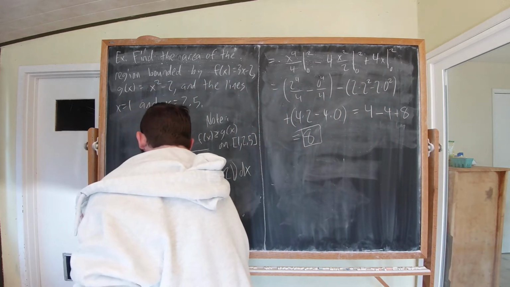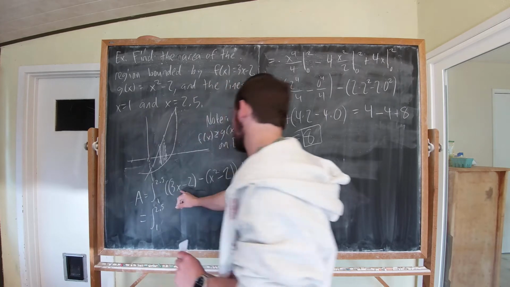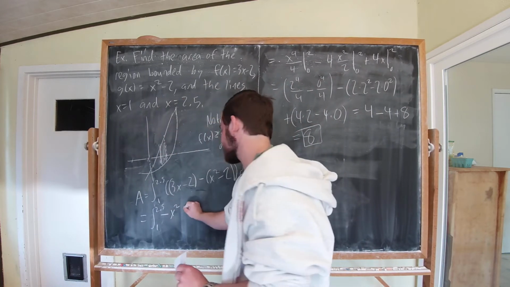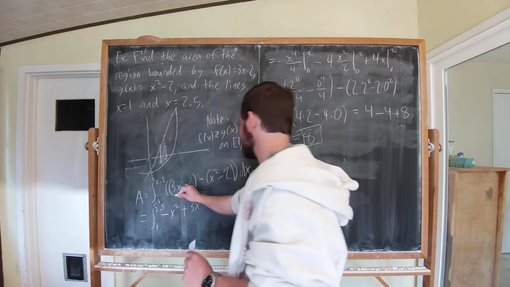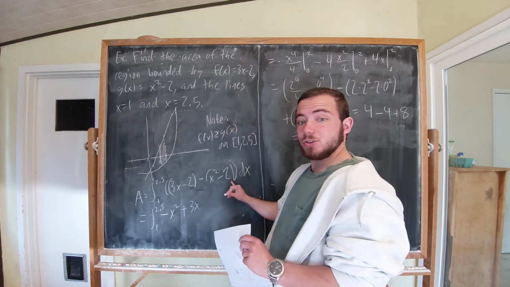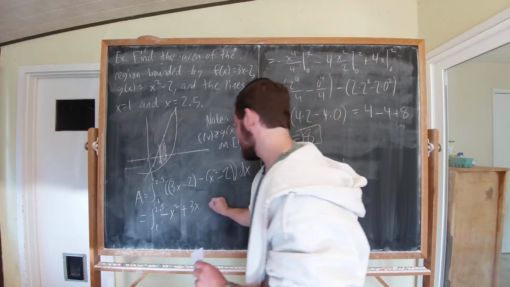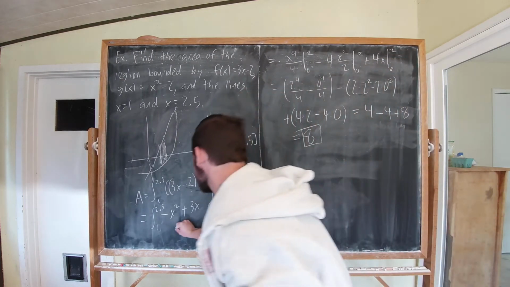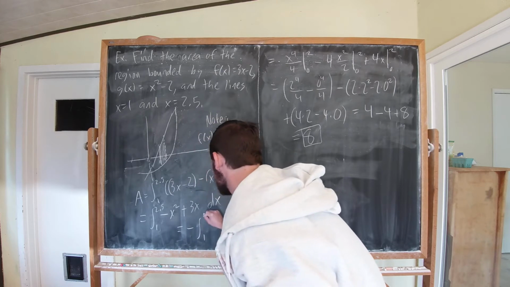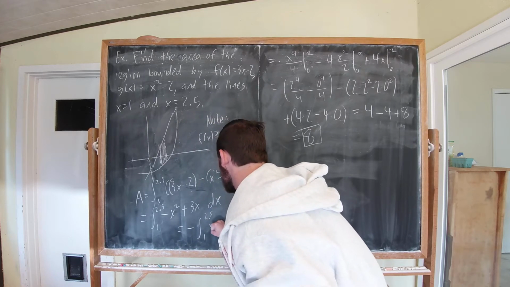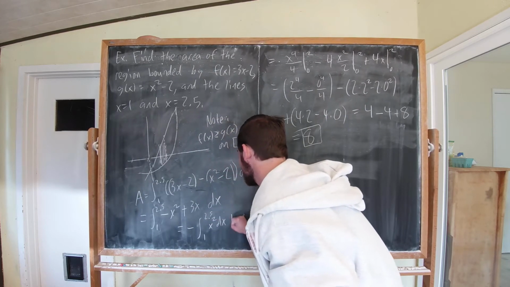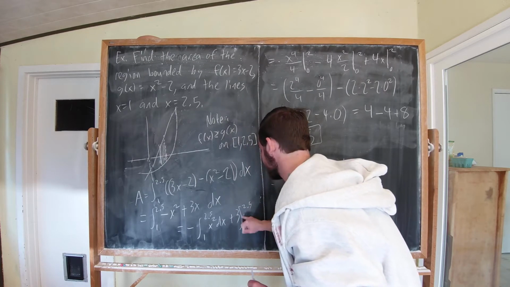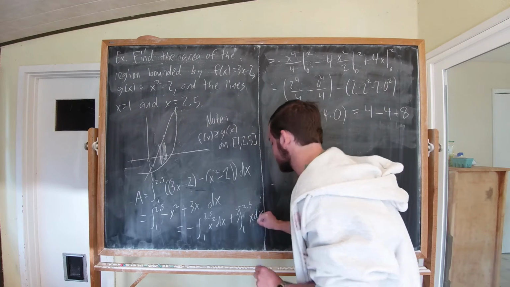This is the integral from 1 to 2.5 of negative x squared plus 3x, and then we have a minus 2 plus 2 right there, so those cancel out, and we just have this. And that's equal to negative integral from 1 to 2.5 of x squared dx plus 3 times the integral from 1 to 2.5 of x dx.